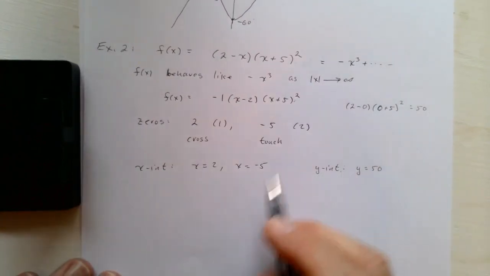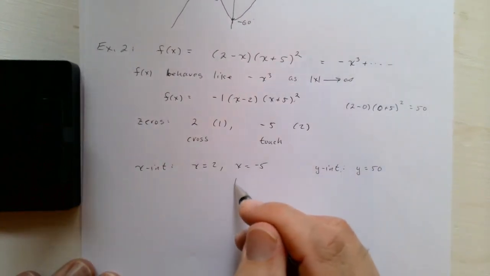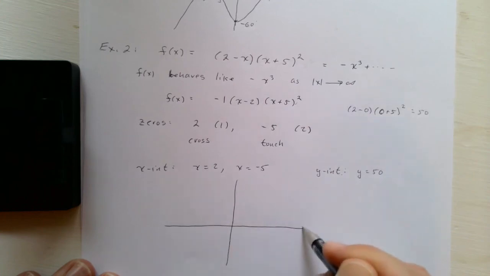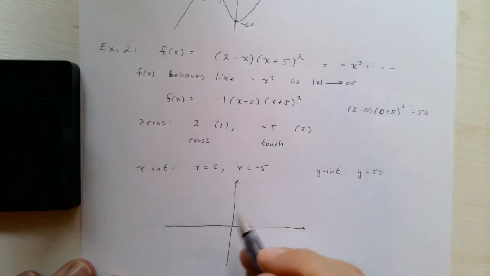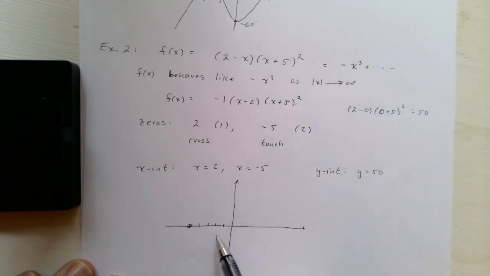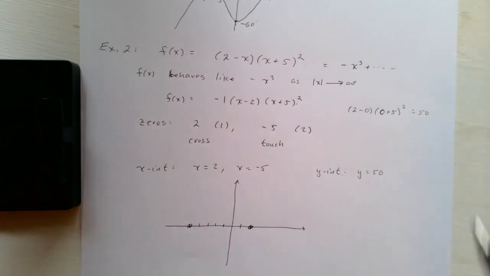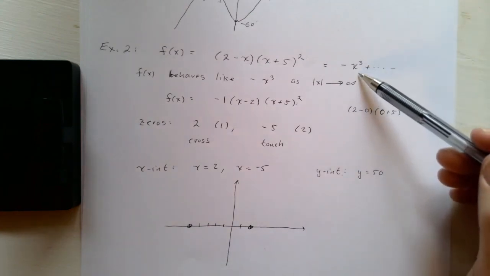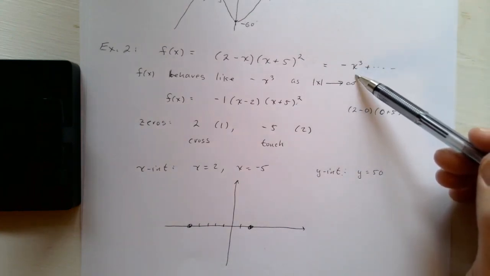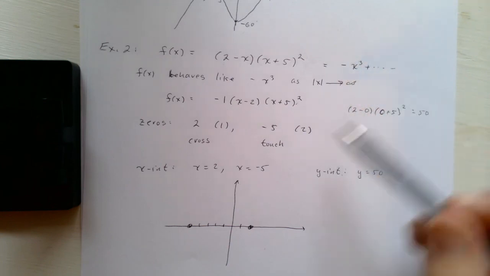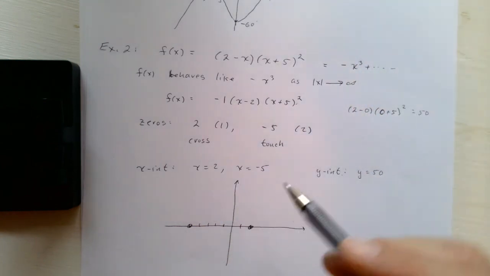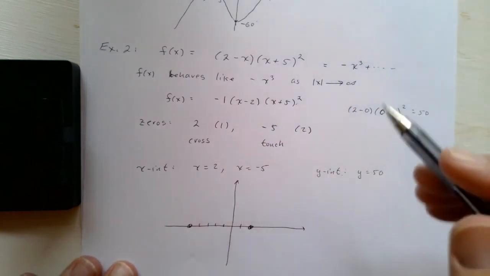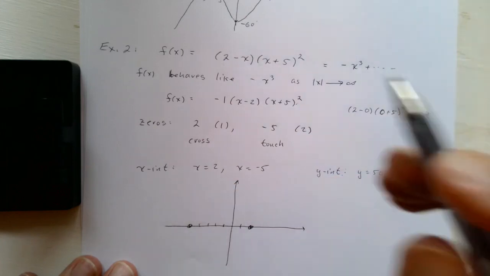And we can now graph this. The x-intercepts are at negative 5 and 2. This behaves like y equals minus x cubed. So that means when x is negative, this is actually going to be positive. So it starts up here. It's going to come down at negative 5 and touch.